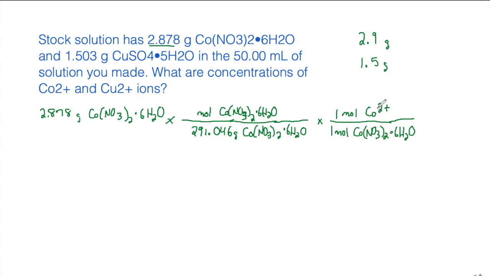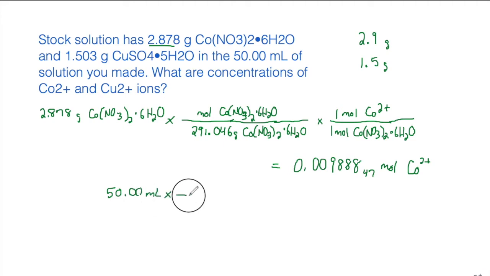So the concentration of cobalt ion is the same as the concentration of cobalt 2 nitrate hexahydrate because there's one cobalt in each of these cobalt 2 nitrates. And I end up with 0.009888 moles of cobalt ions. And then the molarity is the moles per liter. We have 50 milliliters, 50.00 milliliters actually.